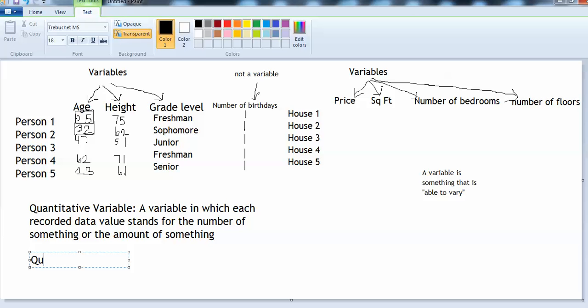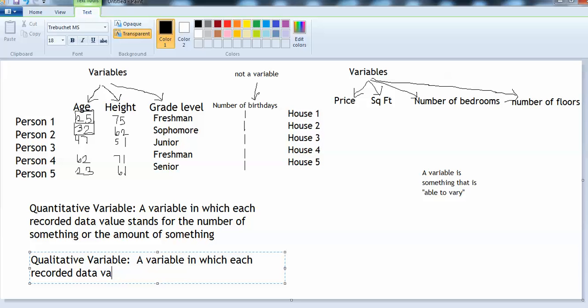The opposite is a qualitative variable, or sometimes it's also called a categorical variable, which is a variable in which each recorded data value puts a person, animal, or thing into a certain category.